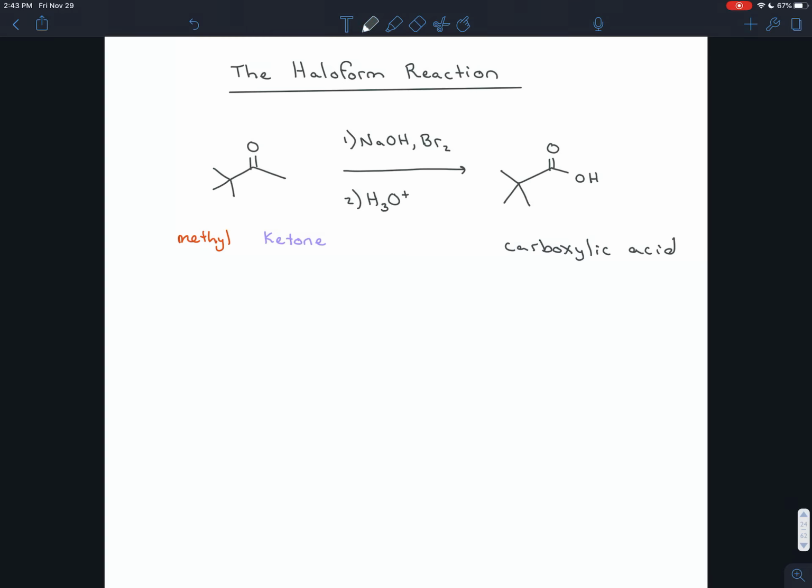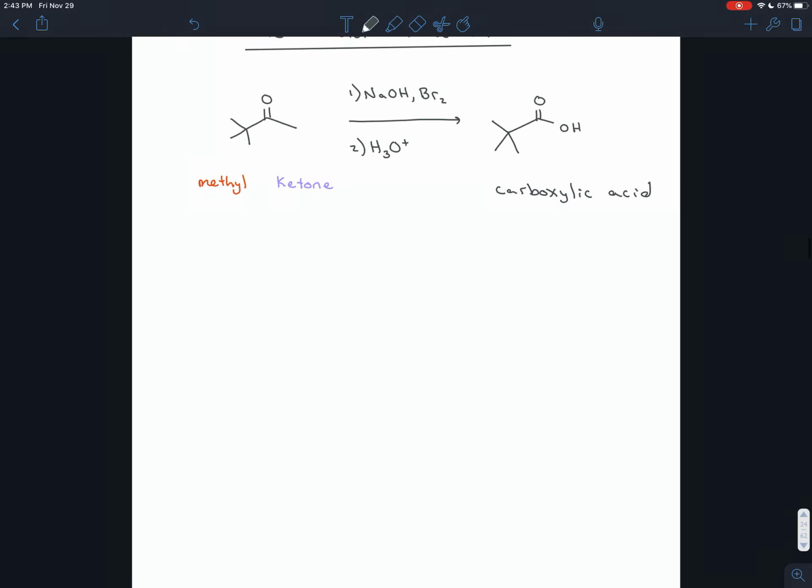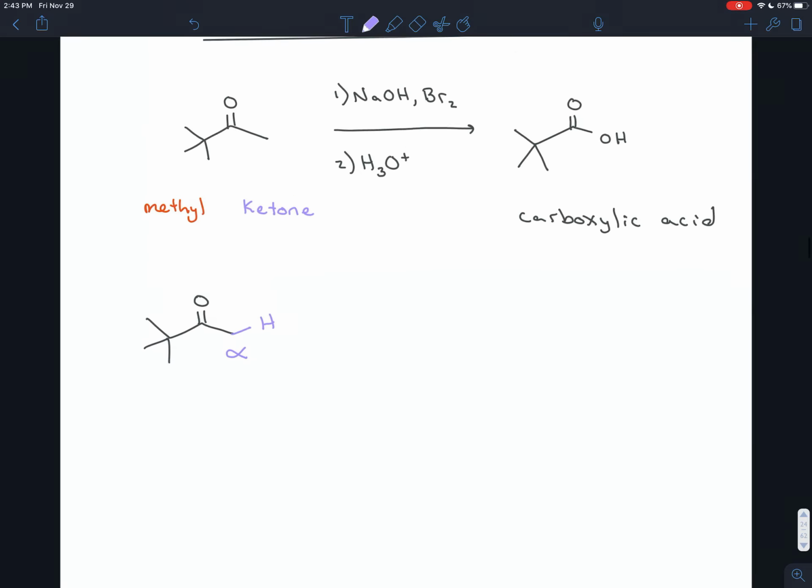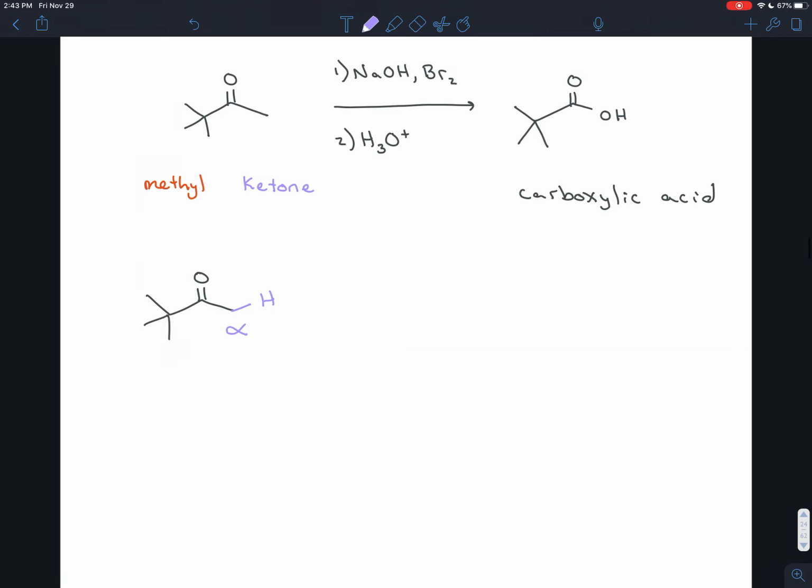That's what happens here. If you take this alpha carbon, now notice we have 2 alpha carbons here, but remember the reactivity of the alpha carbon has to do with the acidity of the alpha hydrogens. This carbon on the left does not have any alpha hydrogens, and so it cannot turn into a nucleophile because nothing there is going to get ripped off.